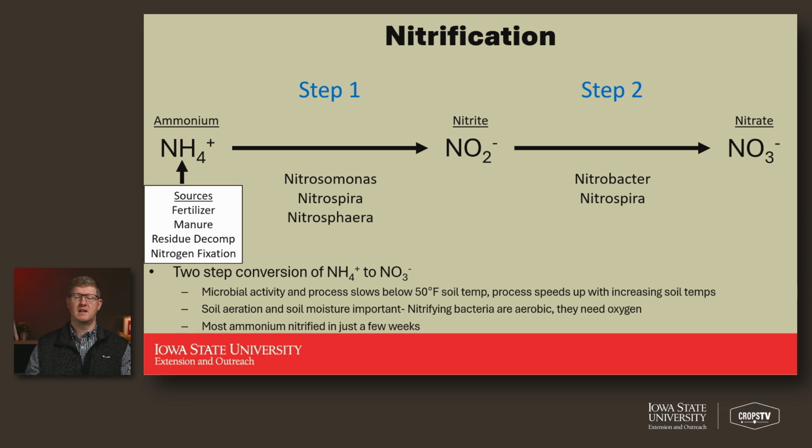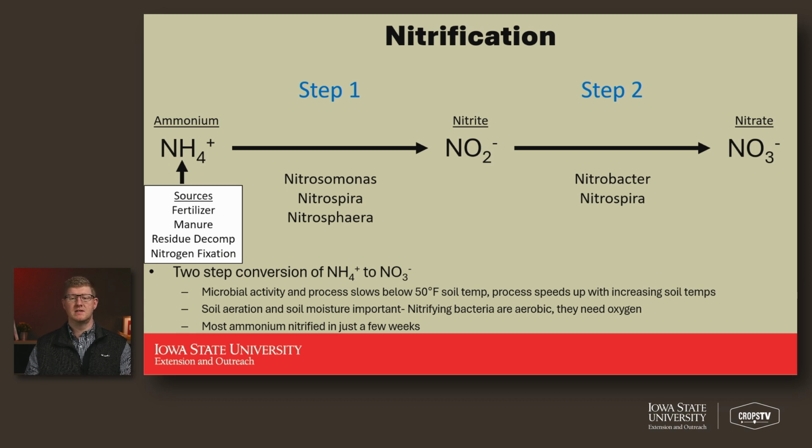So, a couple things that I want to highlight about nitrification is that it's very much tied to microbial activity. So, hopefully, we've all heard the recommendation that we should not apply any nitrogen in the fall until soil temperatures drop below 50 degrees. I'm sure there's been some kind of explanation about why this is the case, but I'm going to try to reiterate why we try to apply below 50 degrees in the soil.